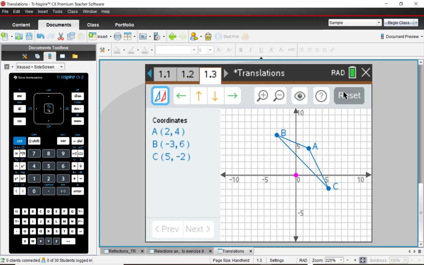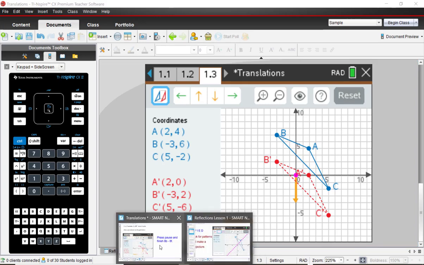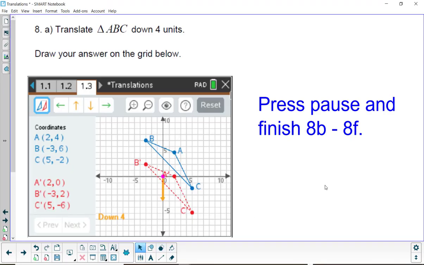And we're going to have this one go down 4 units. 1, 2, 3, 4 units, and translate it. And now look at those coordinates, record them on the paper, look for patterns, and then go ahead and finish 8B through 8F. Please pause for a long time here.